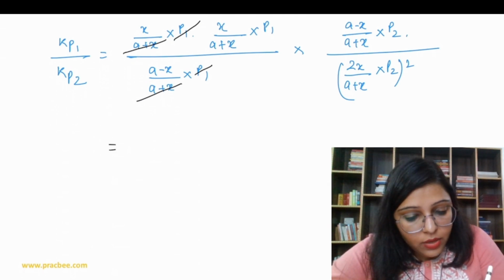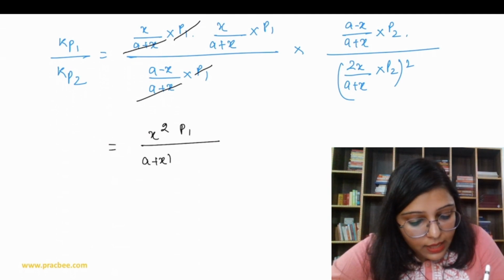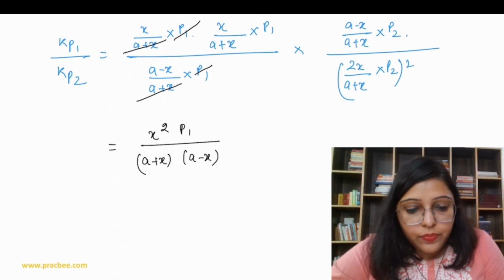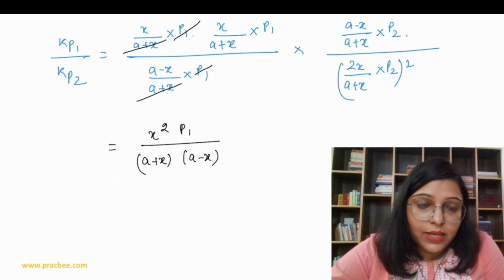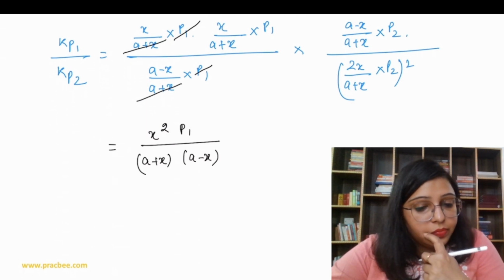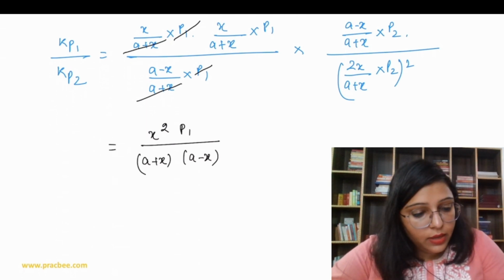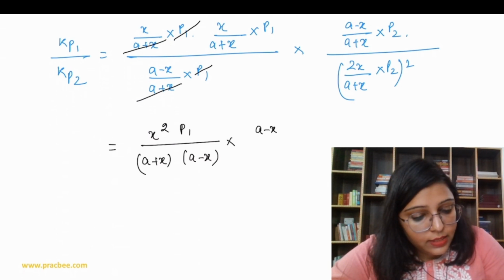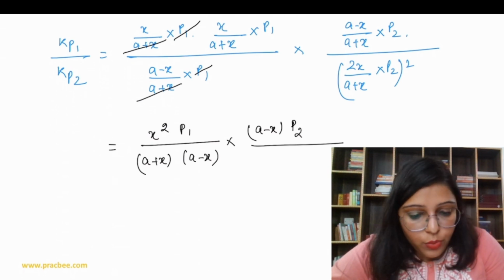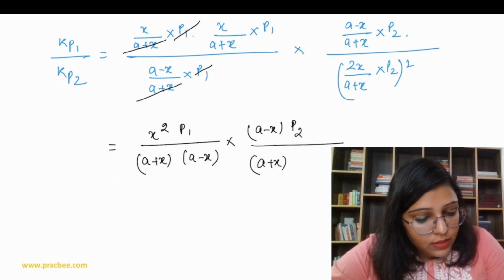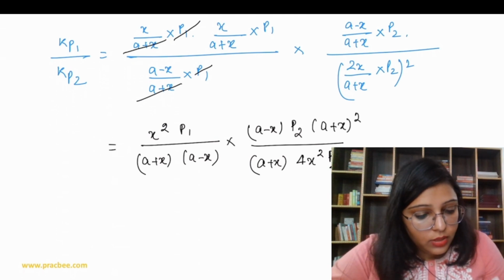Now we have x square P1 upon a plus x, a minus x. Then on simplifying, for Kp2 we can write a minus x P2 upon a plus x. This is 4x square P2 square, and here we write a plus x whole square.